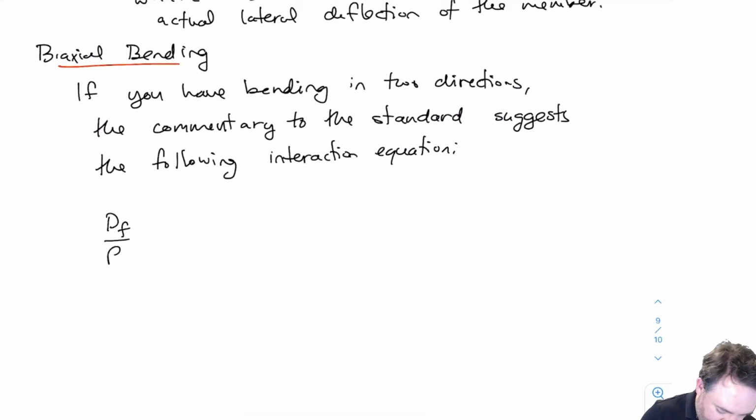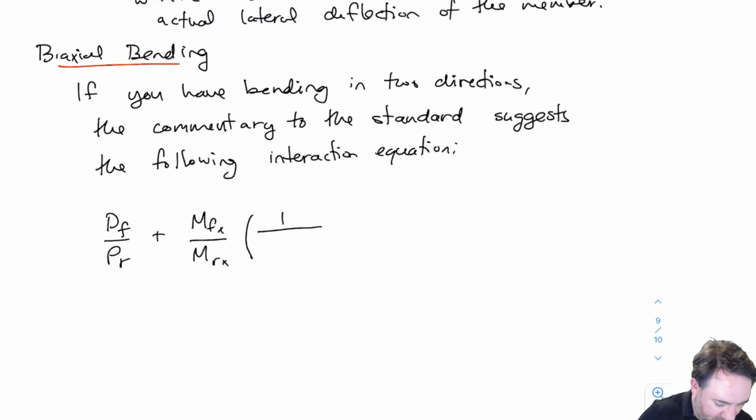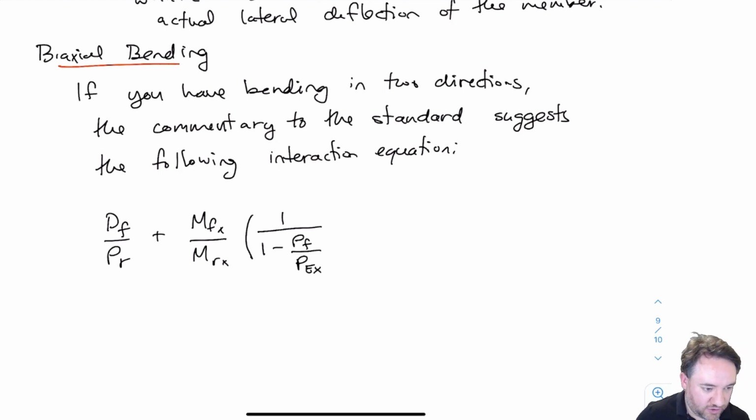So we have our PF over PR, without the squared this time. And then we have our factored moment in one direction divided by our factored resistance in that direction multiplied by the moment amplification, the same one as before. So now we have PF divided by PEX, which is the Euler buckling, but in the same direction as this moment for this term, so the X direction.